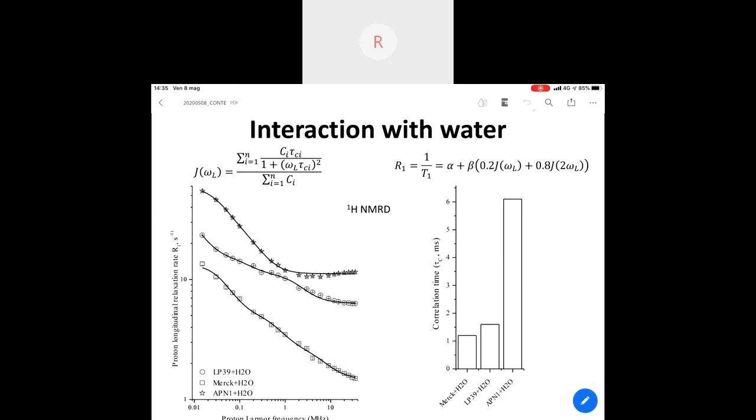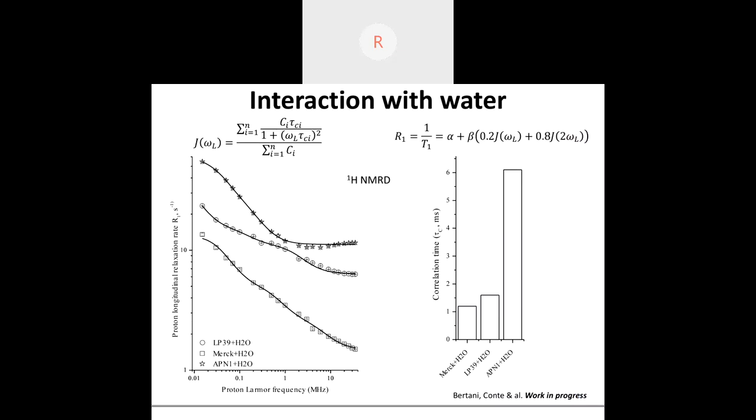So, which is the conclusion that we can have from this other set of experiments? The conclusion is that the Merck biochar is useless for our purposes, so we can throw it away.